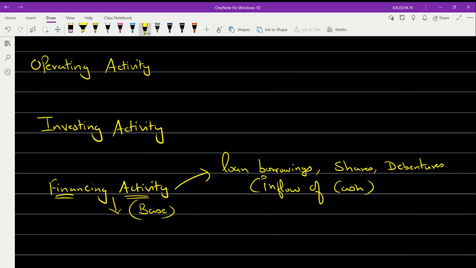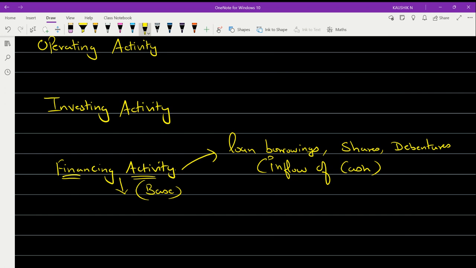On the other hand, if you are getting a loan, when you borrow a loan, you have to pay interest. When you are issuing shares to the public, you have to pay dividend as a return. When you raise funds in the form of debentures, you have to pay interest again.